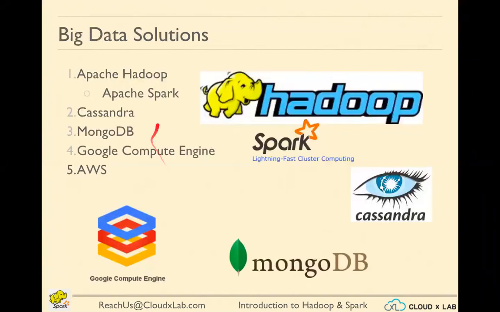But we will focus on Hadoop and Spark, since that combination is probably the most robust of them, because it allows us to create our own cluster and do the entire computing by ourselves. We will learn this part. This is more cost effective, and it gives us more control over our data.